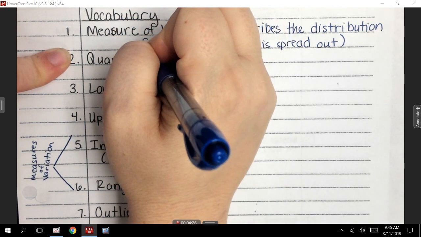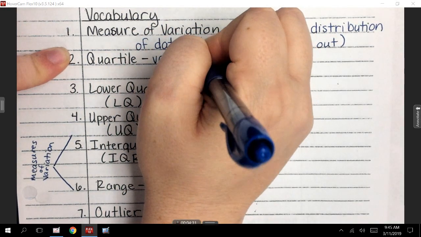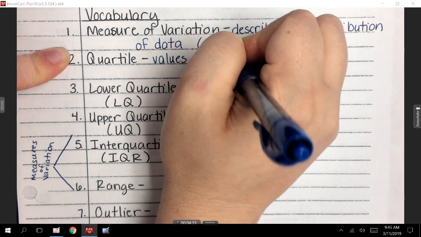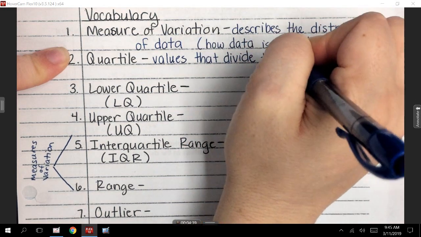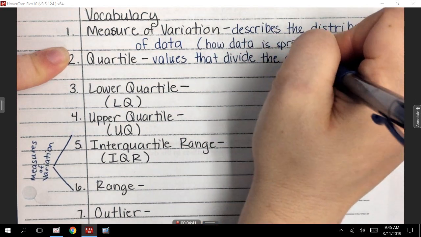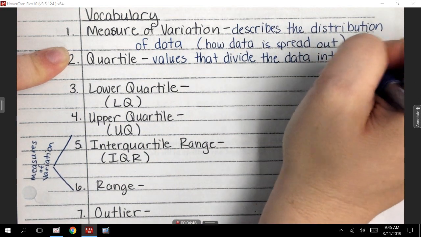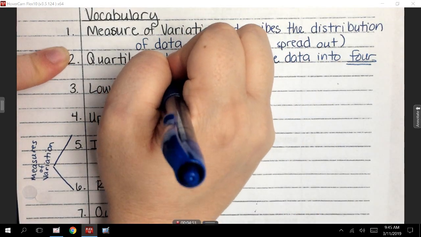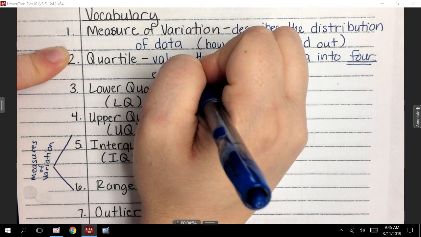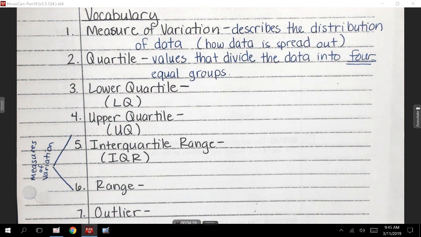So a quartile are values that divide the data into 4 equal groups, or 4 equal parts. So you're still seeing where we're getting 4 pieces.